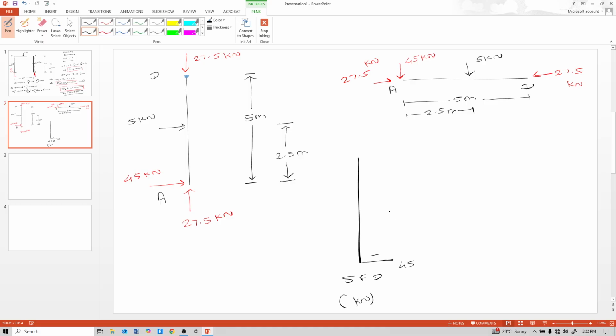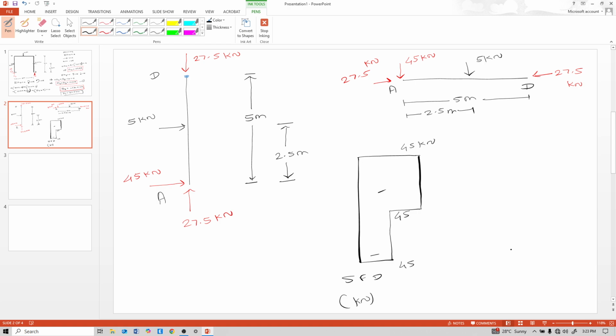So here also 45 kilonewton. Due to this 5 kilonewton load at 2.5 meter distance, it drops down. So minus 50. Again, this portion no load. So no load, that means here is only a line, no change in shear. This is like this, 45 kilonewton minus.